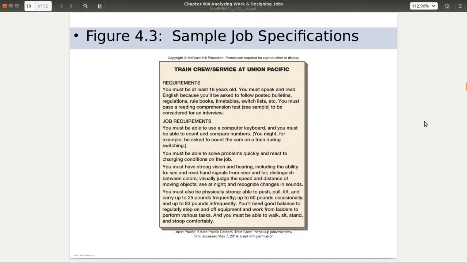This might be an example of job specs for that train crew service person. In other words, requirements at least 18 years old, be able to use computer keyboards, solve problems, strong vision and hearing, physically strong, be able to lift 50 pounds, things like that.